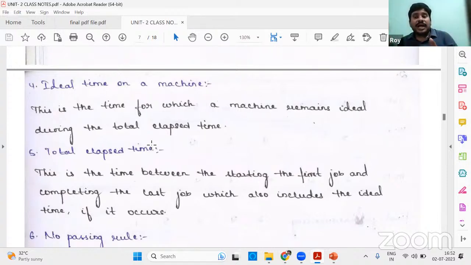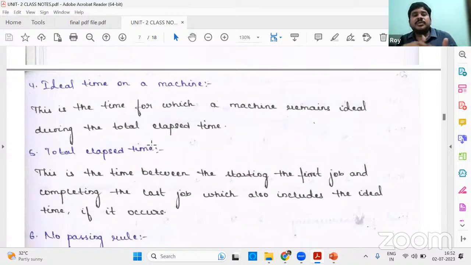Now, what is the total idle time on machine A? That means the machine is free. Is there any idle time on machine A? No, 0, because we are starting with machine A only. Now, what is the idle time on machine B? 5 minutes, because it waited till the process was completed on the previous machine.